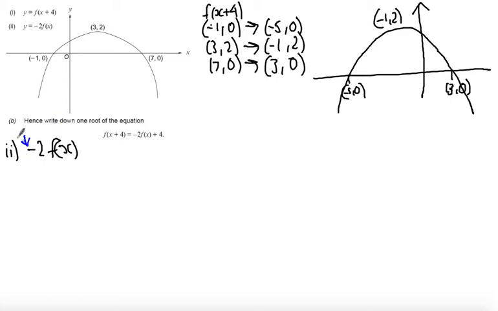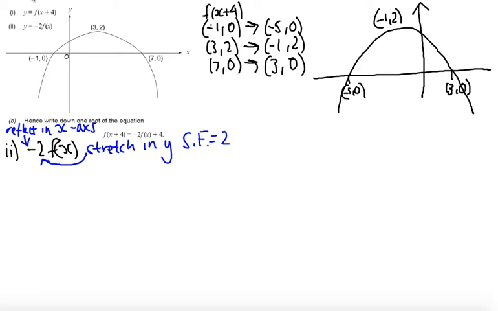So the minus is a reflection in the x-axis, and the 2 is a stretch in y, scale factor equal to 2.